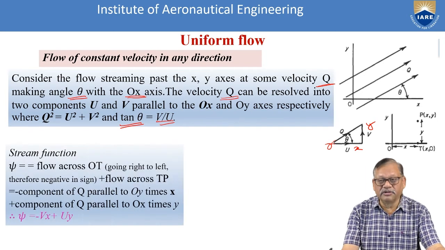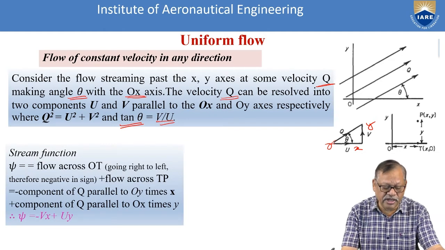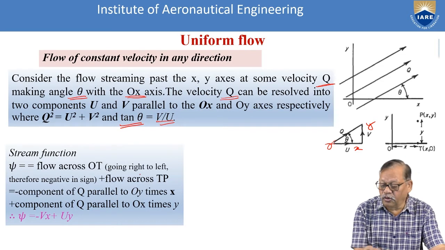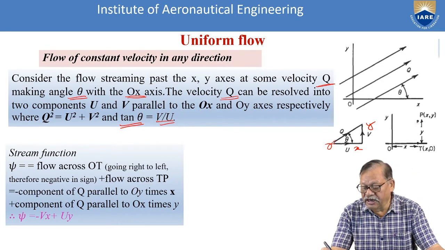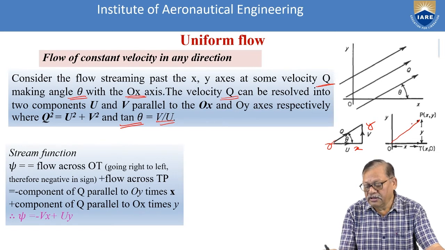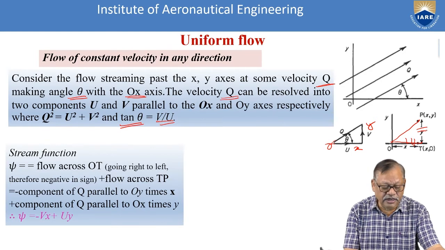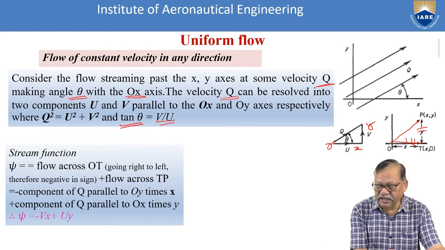When we talk about the stream function, that is the value of psi, that means the flow crossing on OT. If we consider a point here, how much flow is crossing on this? If we take another point T, and add this plus this, we will get the total. Why are we taking the negative sign?